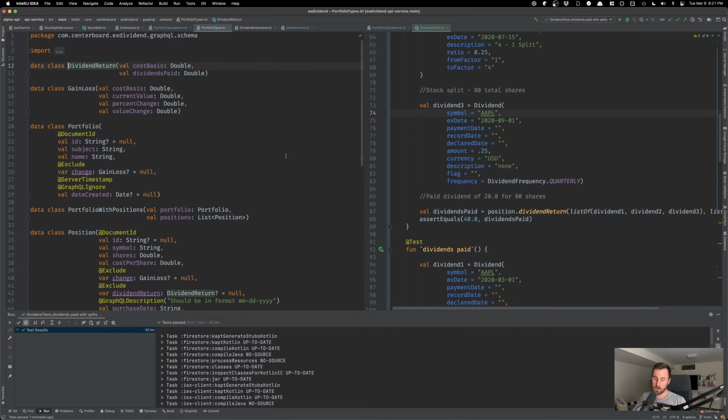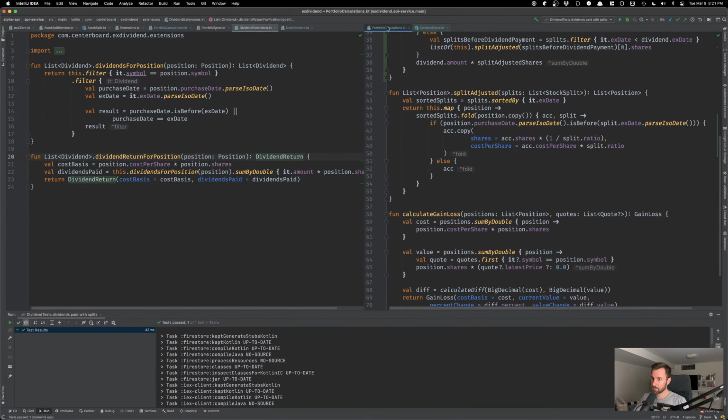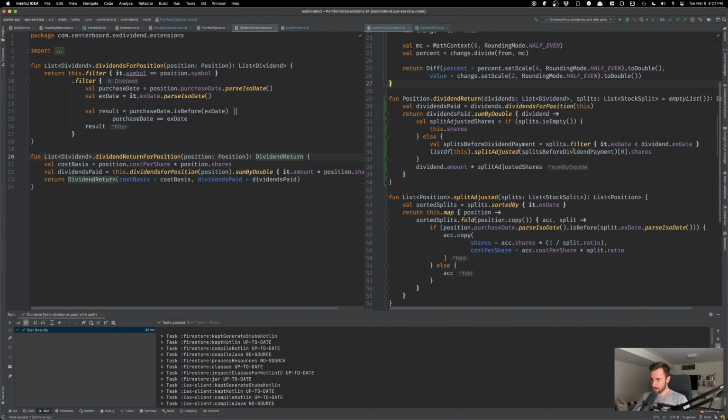So I give the cost basis and the dividends paid. Okay, so this one's actually something that maybe we should combine. So let's do this.